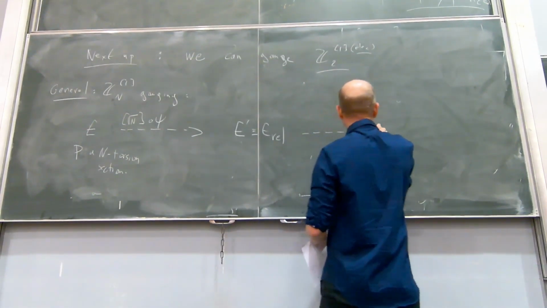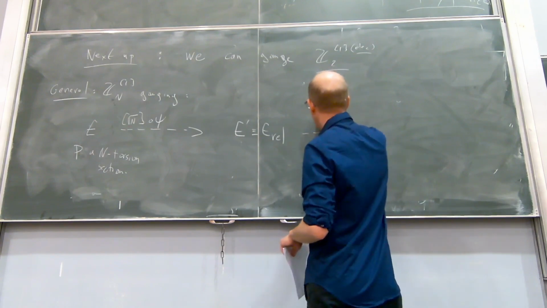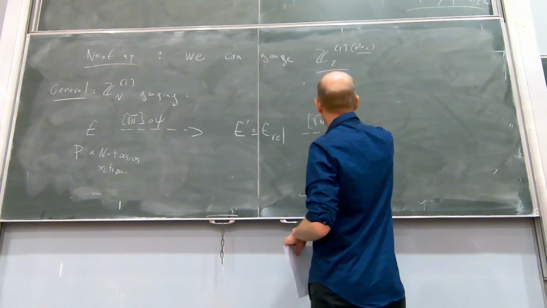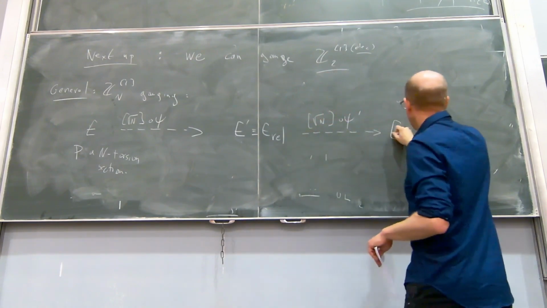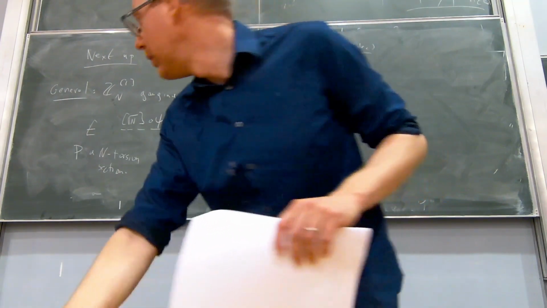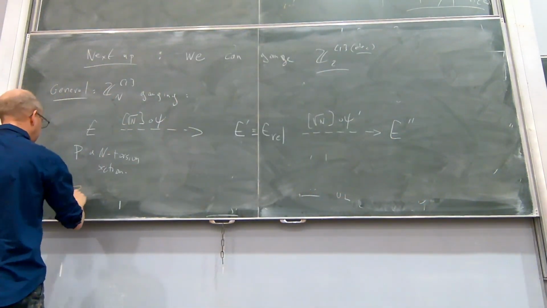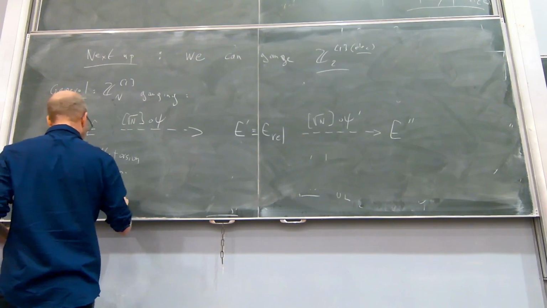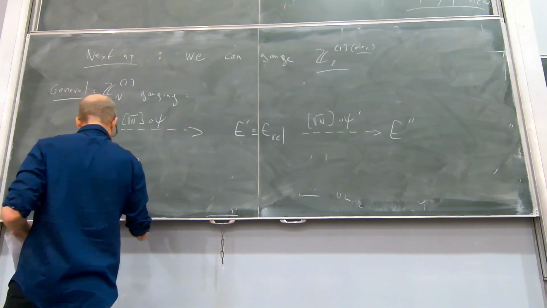And then, in general, we will need to do a second step where you do the same thing again. You get E prime prime. So let me explain. In this case, we had the Zn, which was part of the torsion. For simplicity, let me say it's equal to this, for instance.